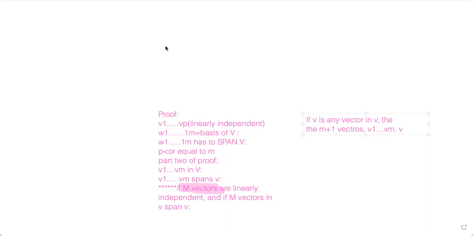We're including this new V. We have added this in to the mix. So if we've got this going on here, then these will be linearly dependent, right?